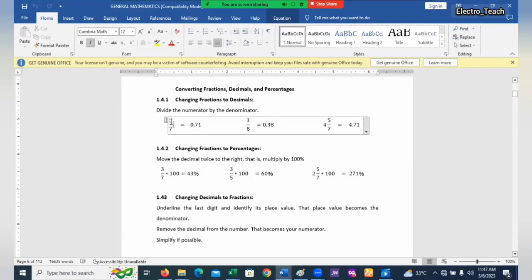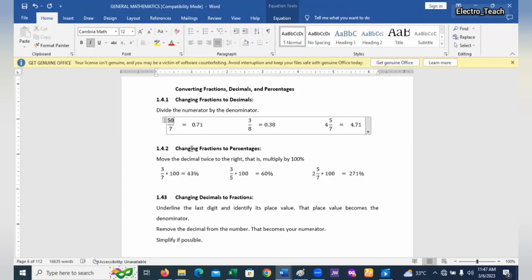Since it's a proper fraction, the numerator is smaller than the denominator, what you do is introduce a 0 to the numerator. If you introduce a 0 like this, you have something like 50. That 0 is imaginary. You will not actually write it there, but you imagine it there.